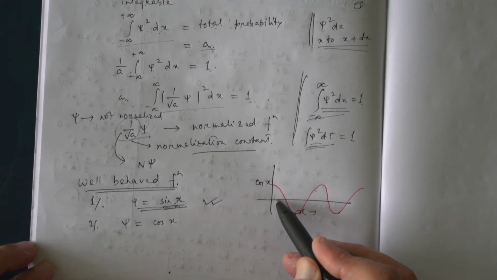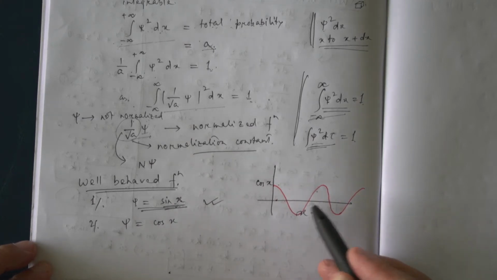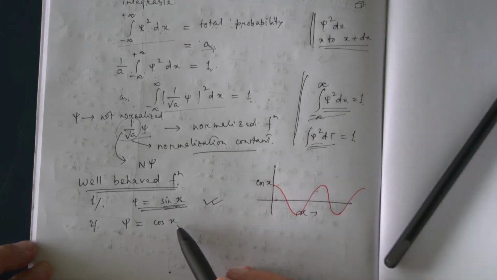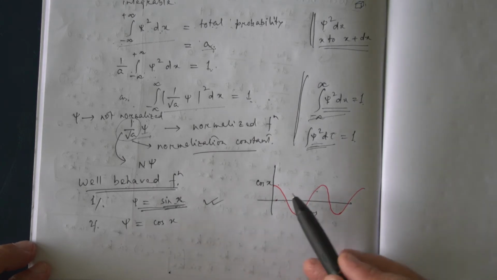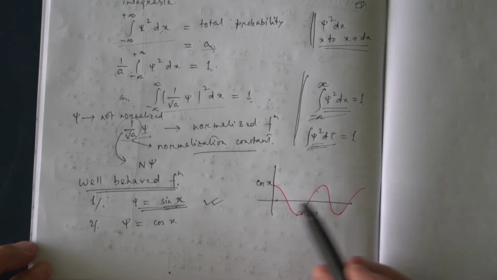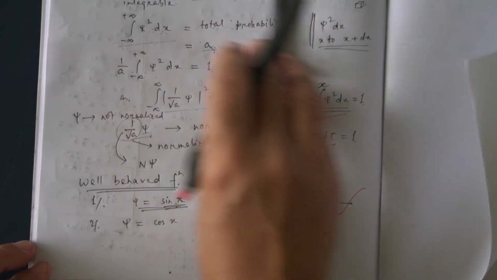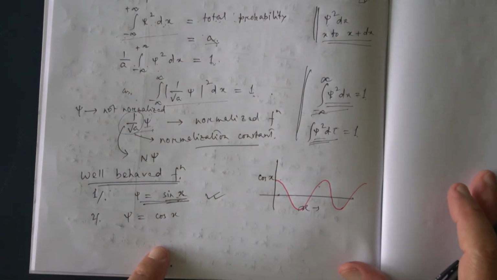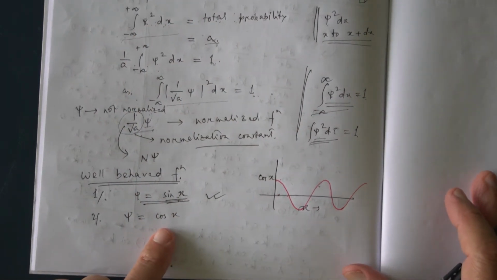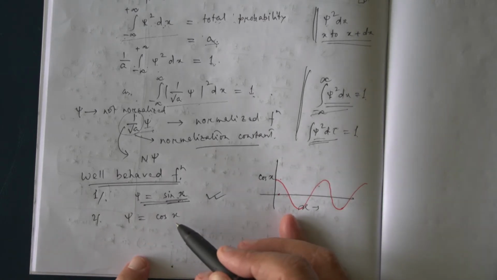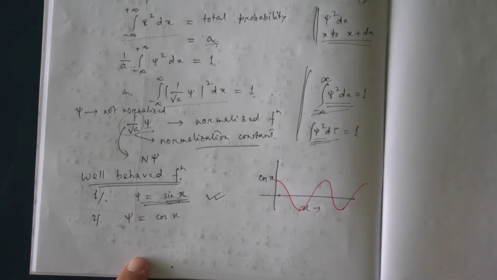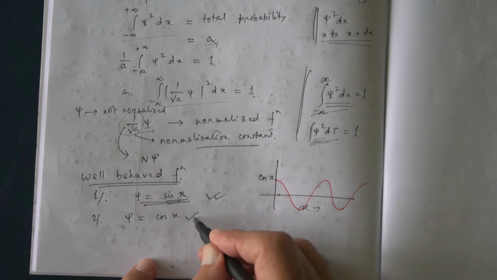For a particular value of x, we are getting only one value. First condition satisfied. Second condition, continuous. Of course, it is continuous. Third condition, finite. Of course, it is finite because once again the maximum value of cos theta is +1 and the minimum value is -1. So it is well-behaved.